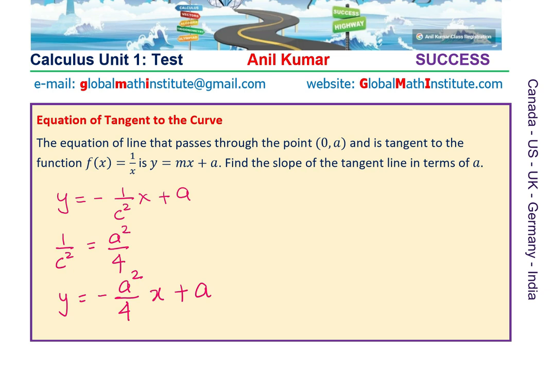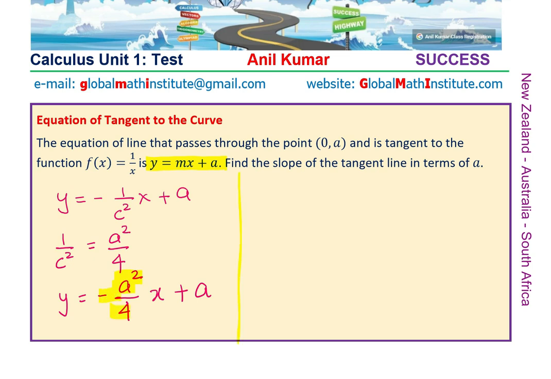You get the whole idea, right? So a could be any value, and we can get this kind of equation. So from here, if you compare it with the line y equals mx plus a, the slope m is equal to minus a squared over 4. Makes sense? Correct? So that is how you can get your equation and relate it to the slope.